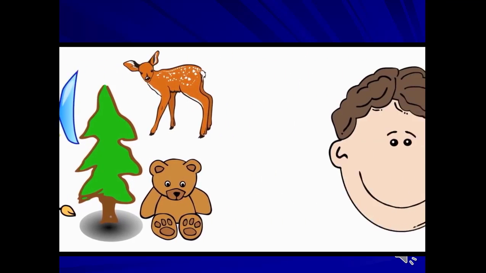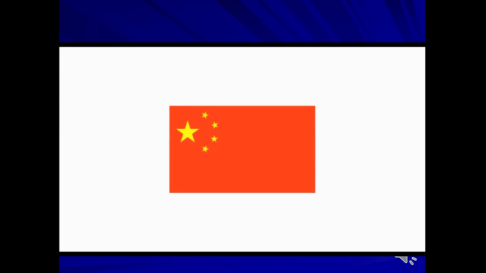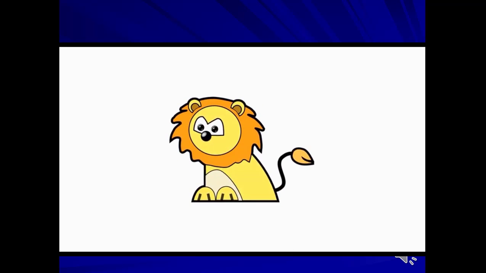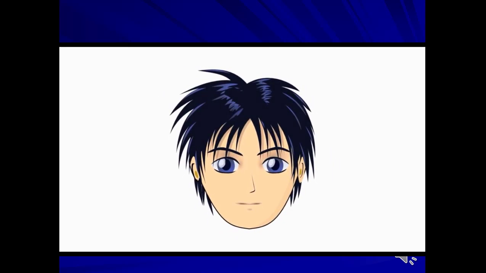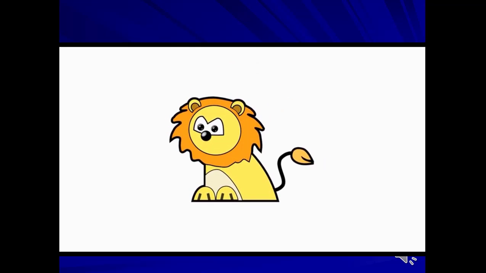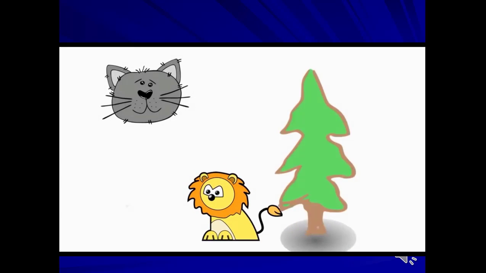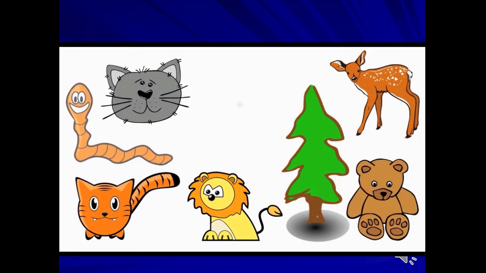So if you ever find yourself in China at a zoo looking to see the lions, and there's nobody there speaking your language, what are you supposed to do to ask to see the lions? Scientific classification's grouping of organisms can help you determine a lion's scientific name.